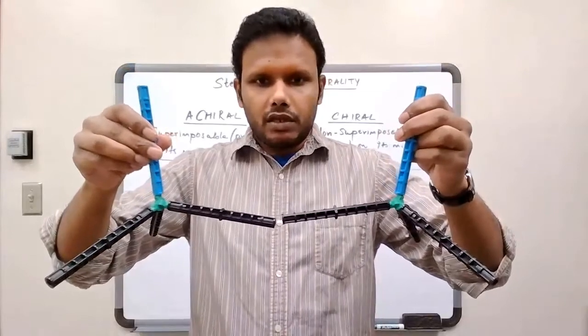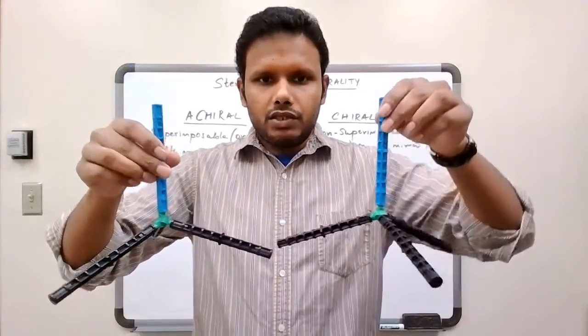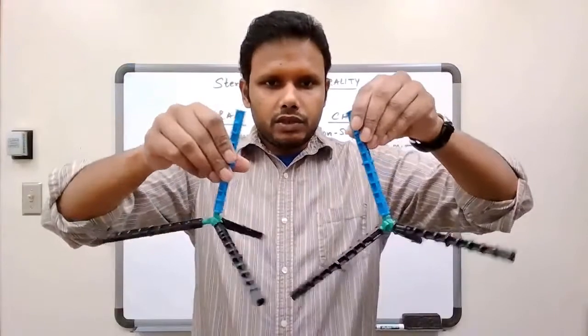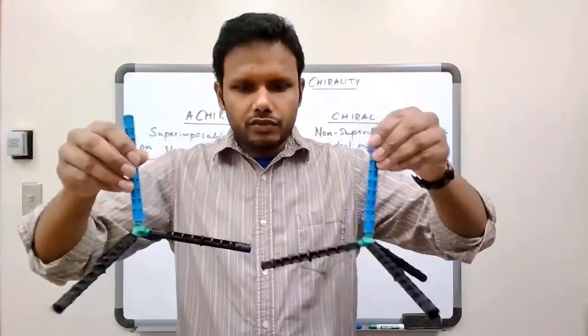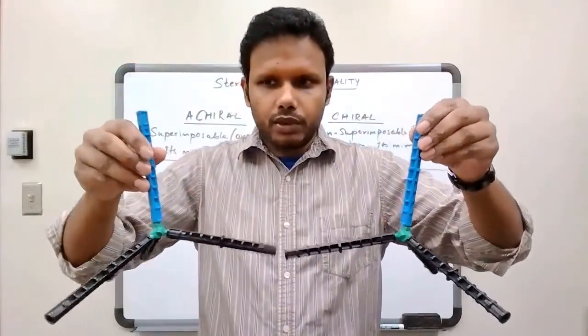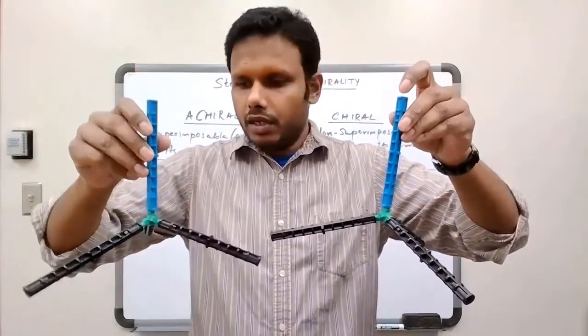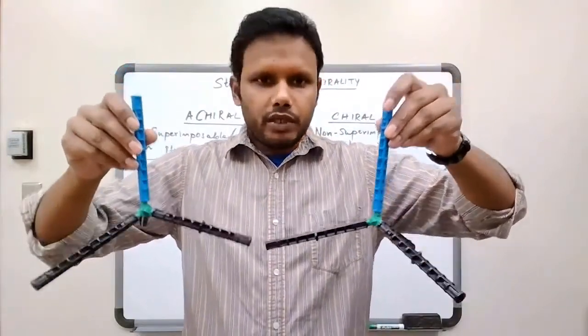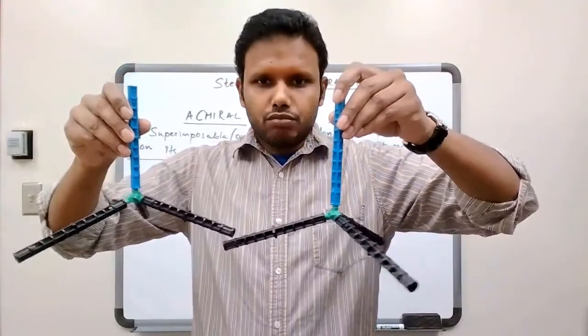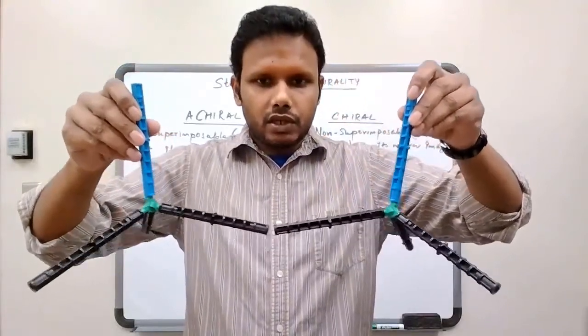So I should see this. And these two molecules, they are mirror images of each other. Notice how these two are pointing at each other, the blues are pointing up, and then the two blacks are pointing away, okay? So these are just mirror images of each other.